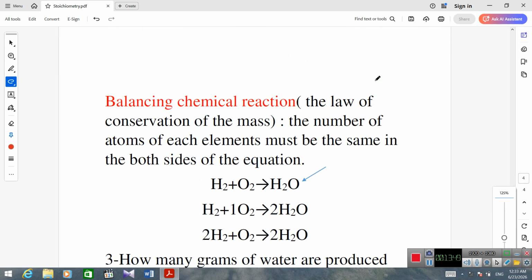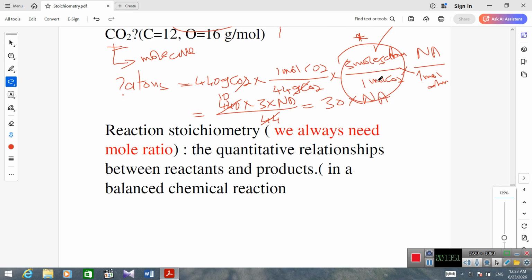But about reaction stoichiometry, we always need the mole ratio. We cannot solve reaction stoichiometry without the mole ratio. This point is so important, and the definition is the quantitative relationship between particles that exist in chemical reactions between reactants and products.